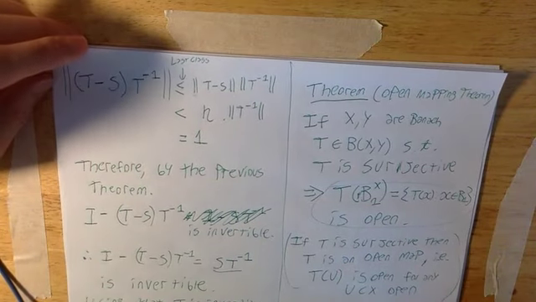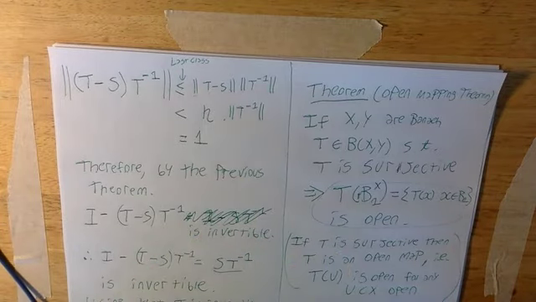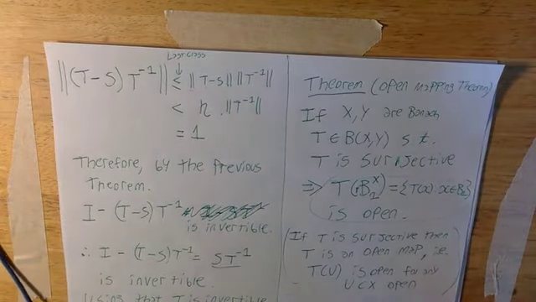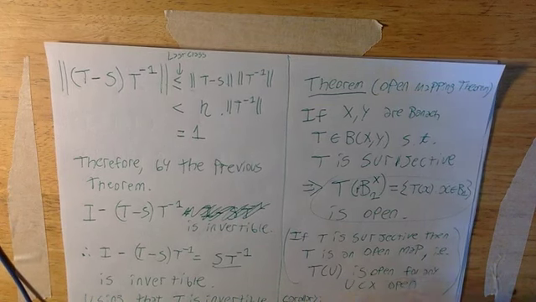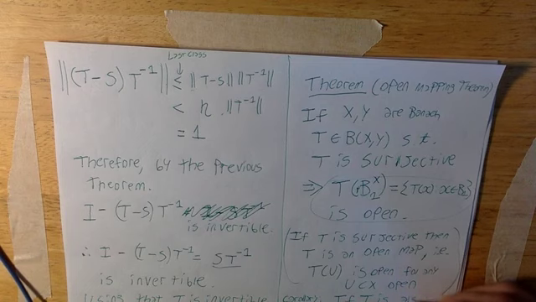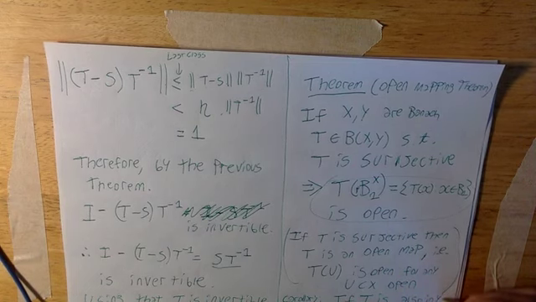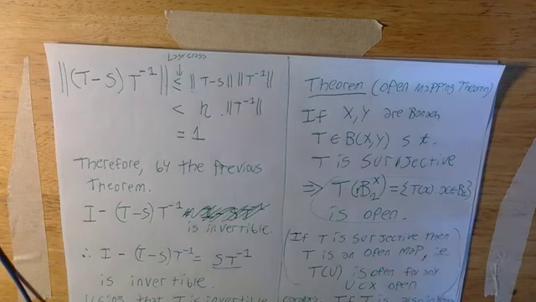The theorem itself looks a little abstract, but the main point is the following, which is fairly surprising. It is the corollary of this: if T is also injective, then T is invertible. Let's rewrite this a little bit.